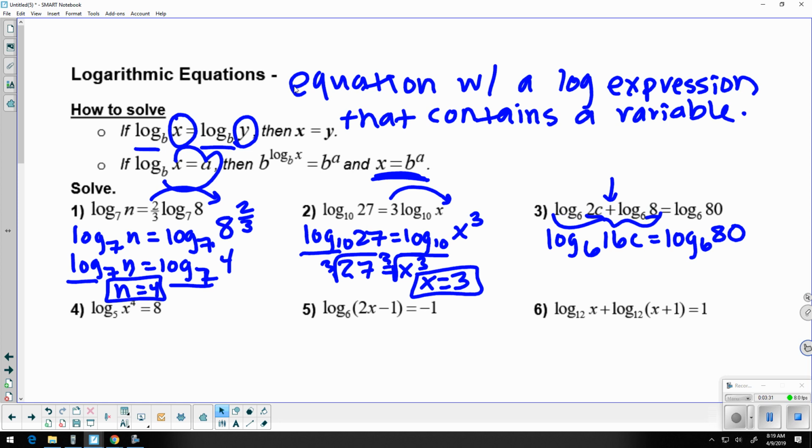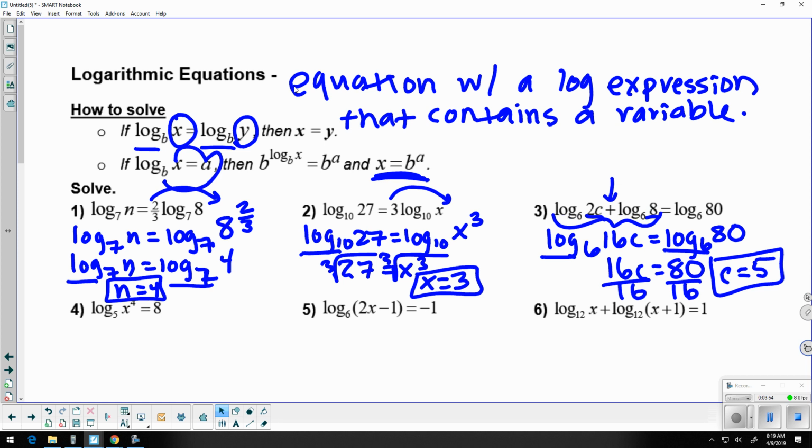Since you have the same log on both sides, log base 6, drop the log, set 16c equal to 80, and divide both sides by 16. For c, it comes out to be exactly 5. 80 divided by 16, c is 5.